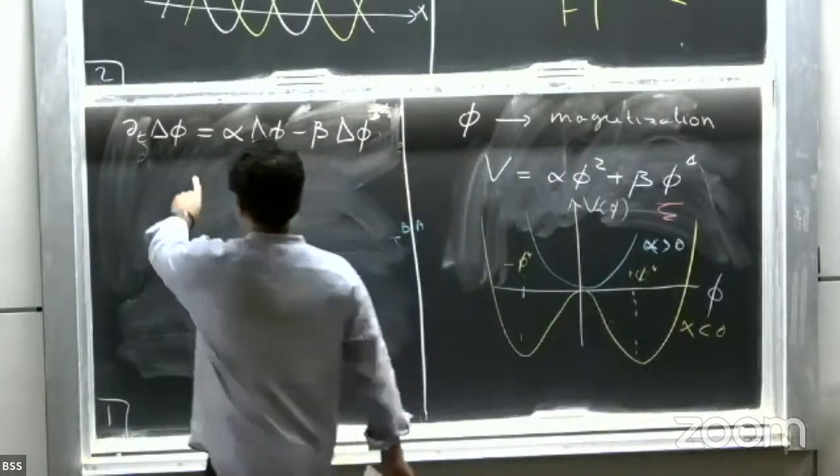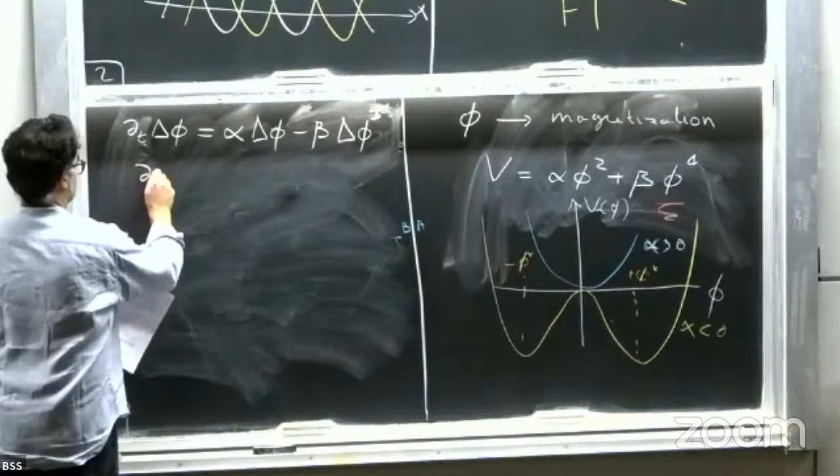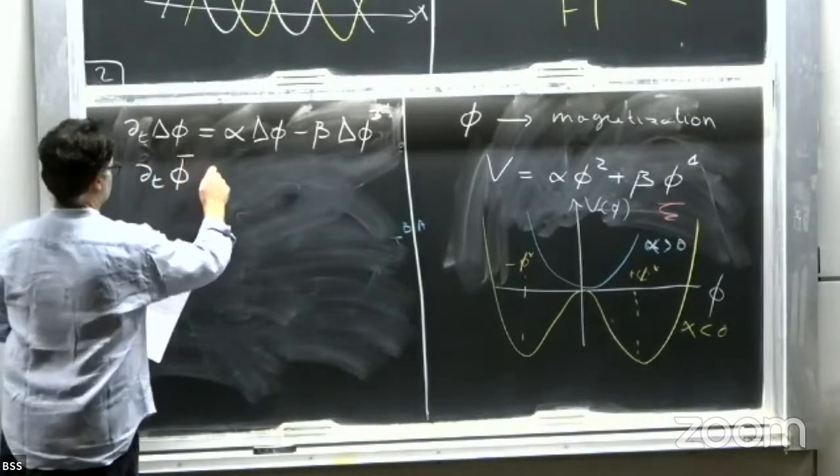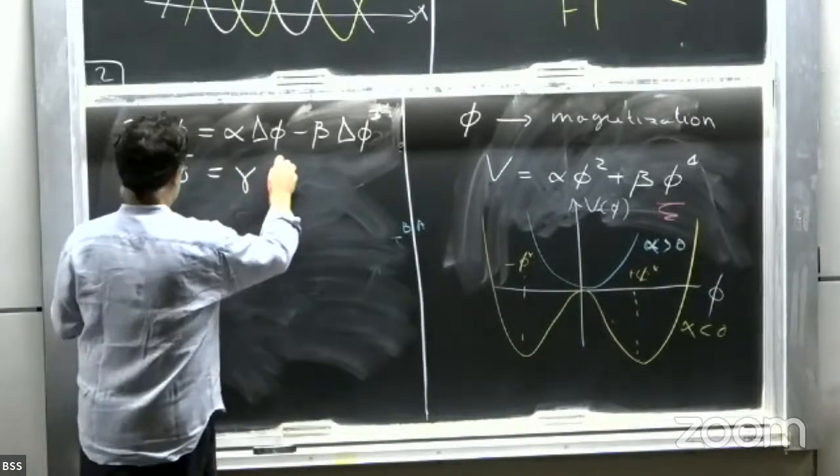But that's only one piece. There is also one for phi bar. Let's write down the one for phi bar. dt phi bar equals, well, this is even more unimpressive looking.